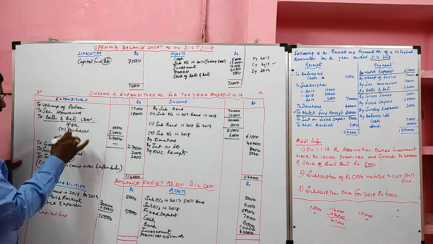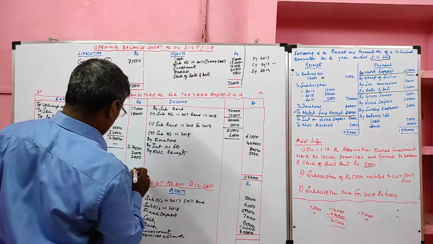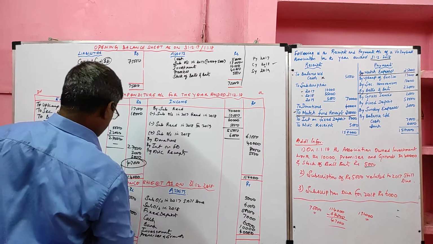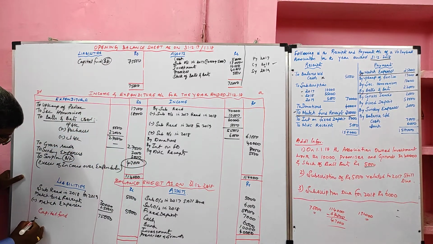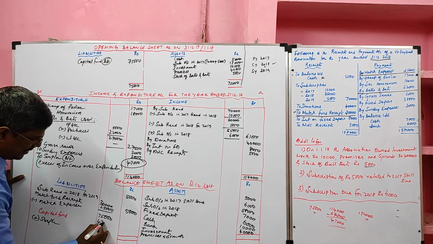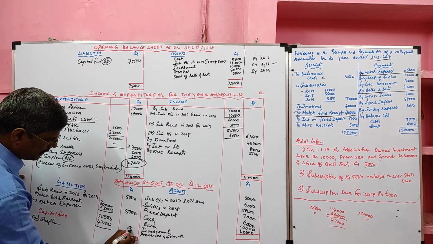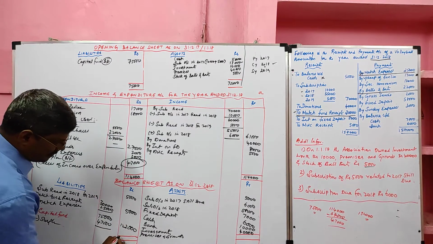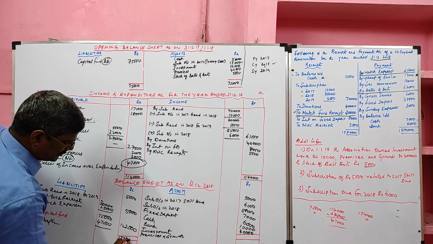So debit side total value 67,000. So our surplus is 47,000. This surplus should be added with the capital fund. So our balance sheet total is 1,32,000.